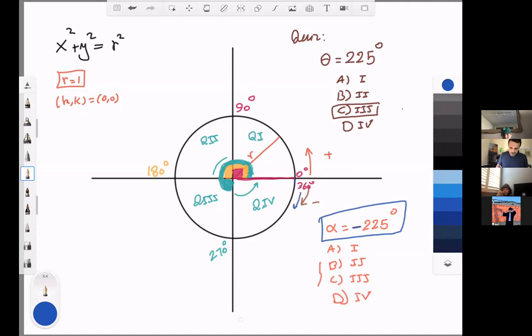If we go this direction, this will be negative 90 degrees. This is negative 180, negative 270, and negative 360 degrees. So the negative direction tells us to go, for example, negative 1, negative 2, negative 3. You go to negative 225, should be somewhere around here, correct? Between negative 180 and negative 270. So it would be quadrant 2.